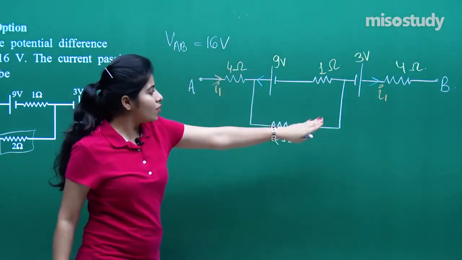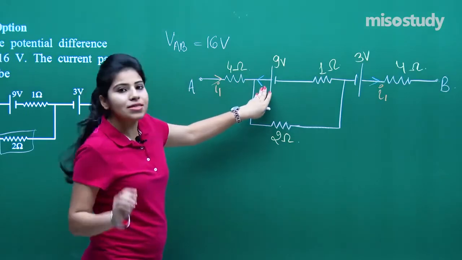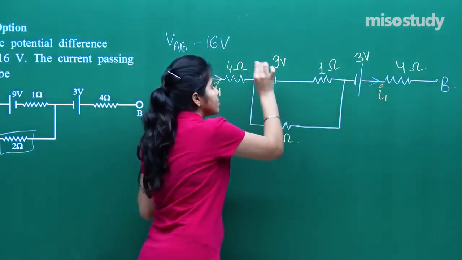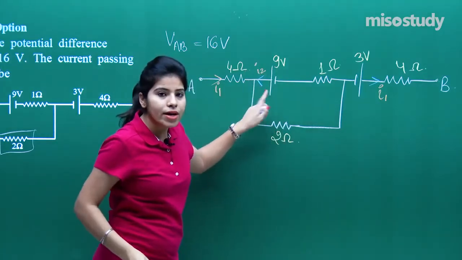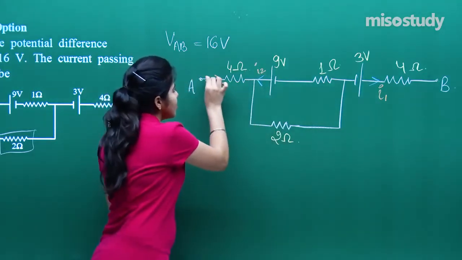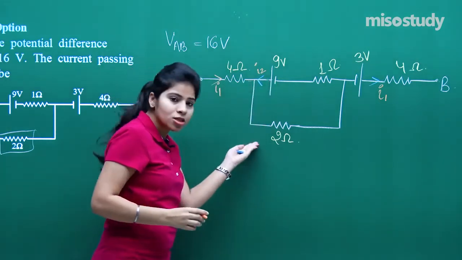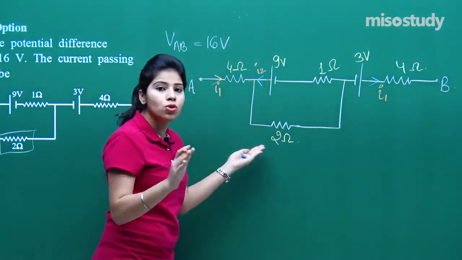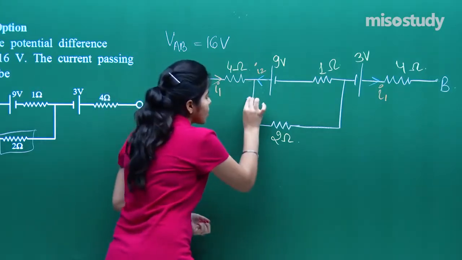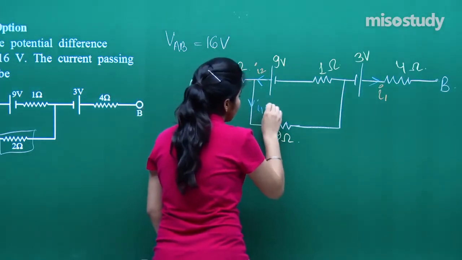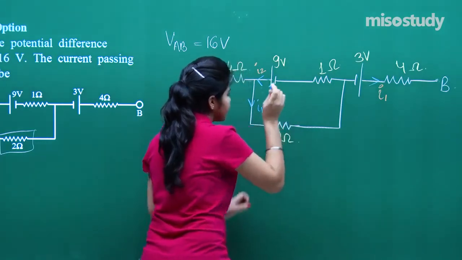Now let me suppose that from this battery current I2 is flowing. This is I2. You can see this current is coming from here, and this from here. So in this particular arm having the 2 ohm resistance, the current going will be I1 plus I2.